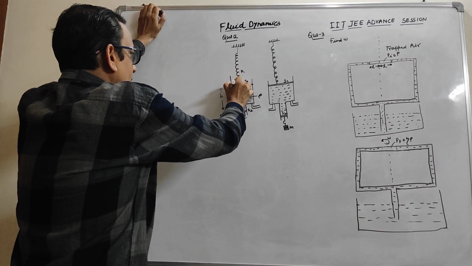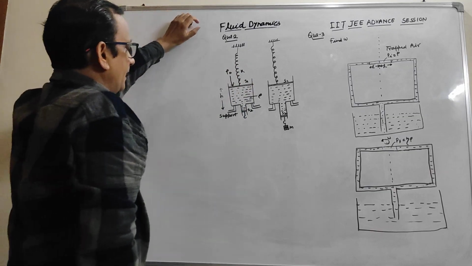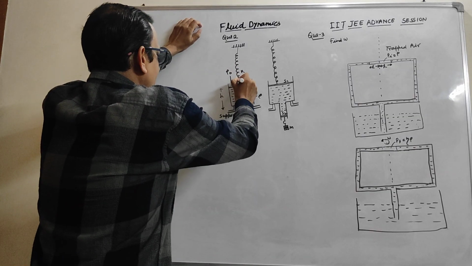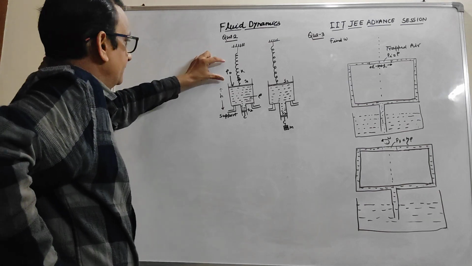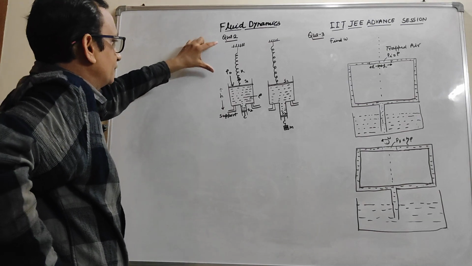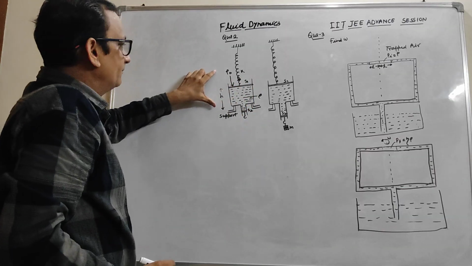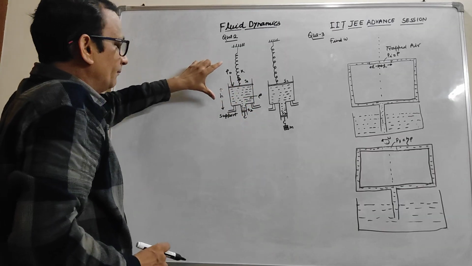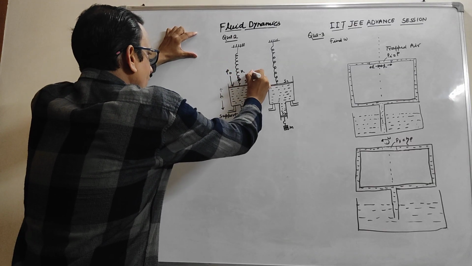Initially, atmospheric pressure is acting, and suppose this spring is elongated from its natural length by x naught, so we write the spring force as k x naught.